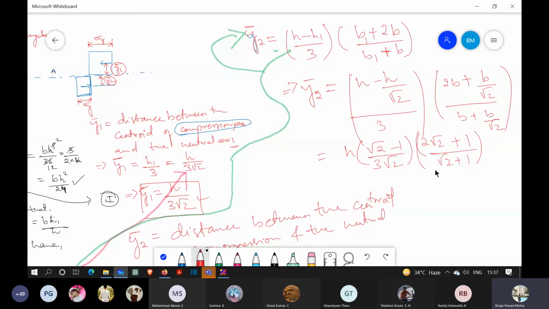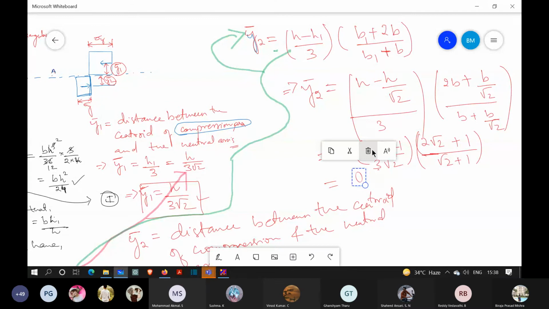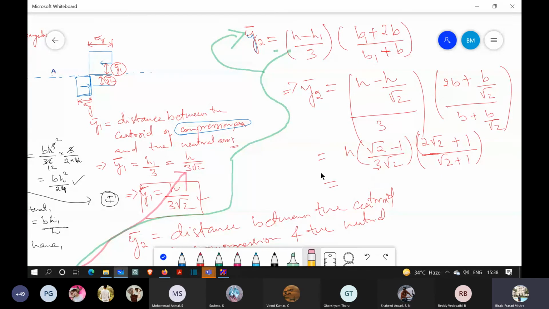No, it doesn't cancel like this. Okay, so this becomes 0.1548H.